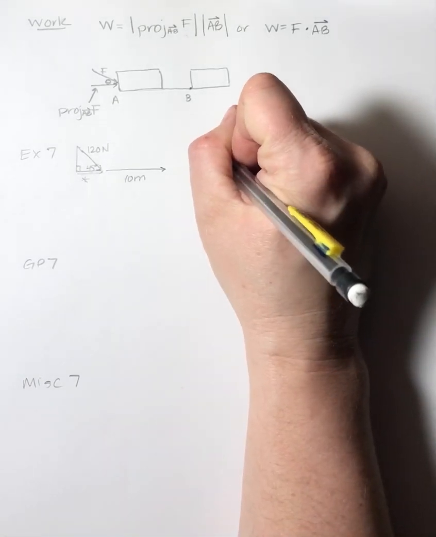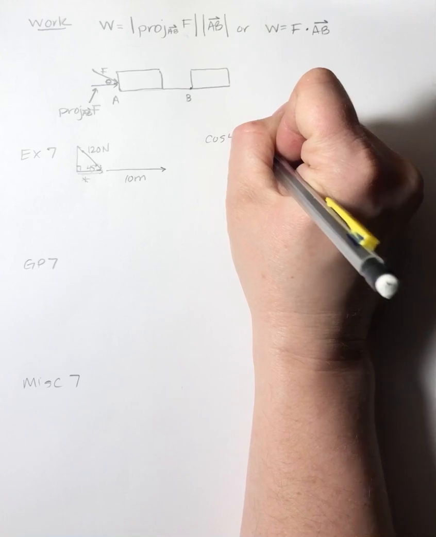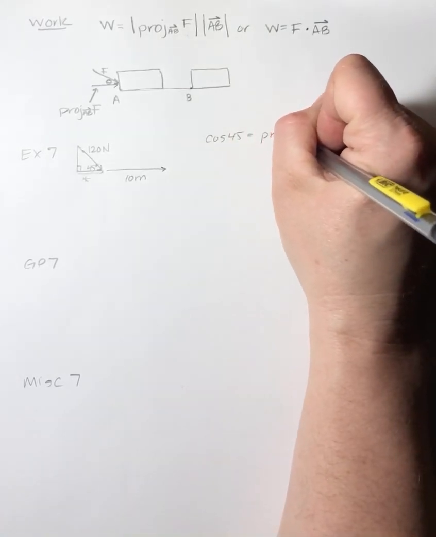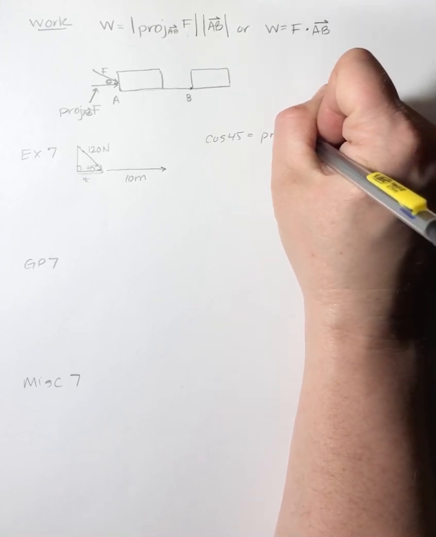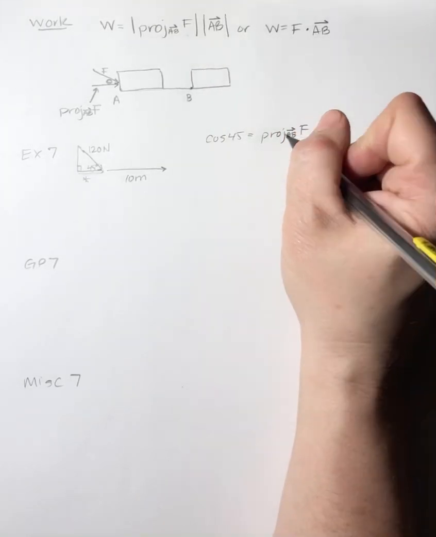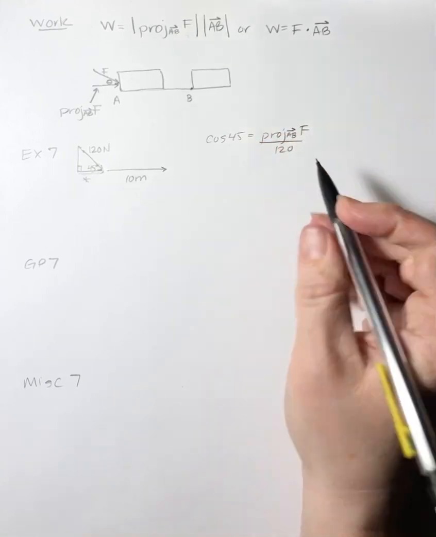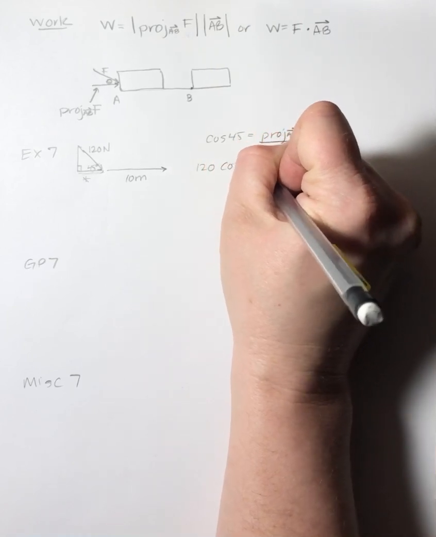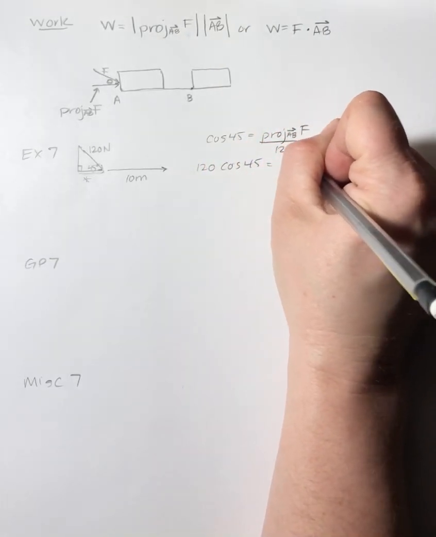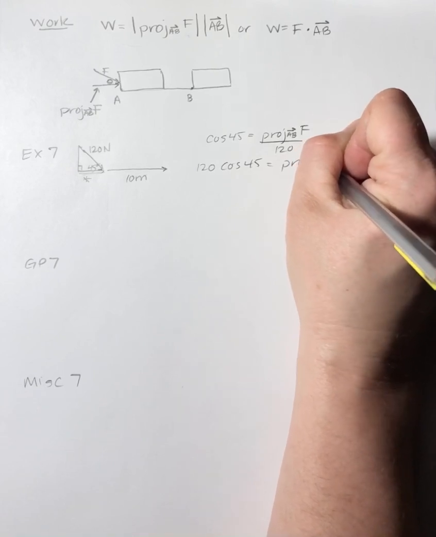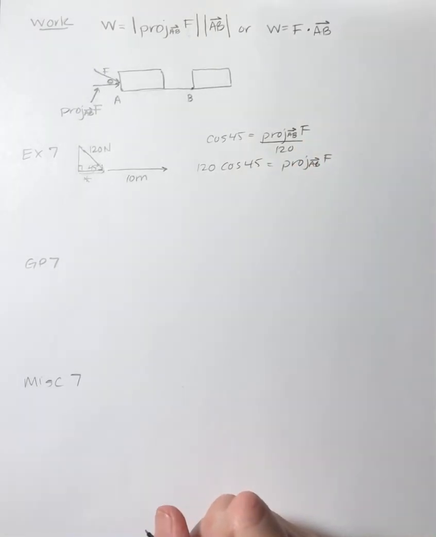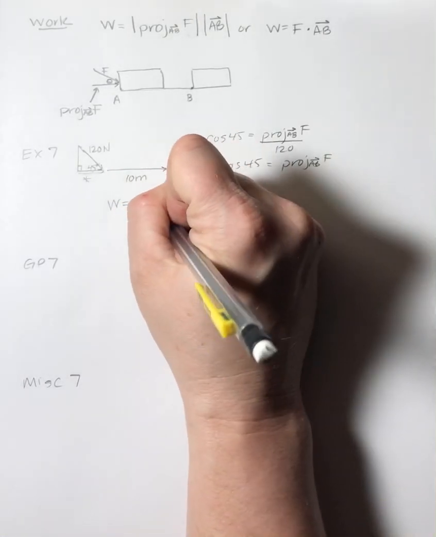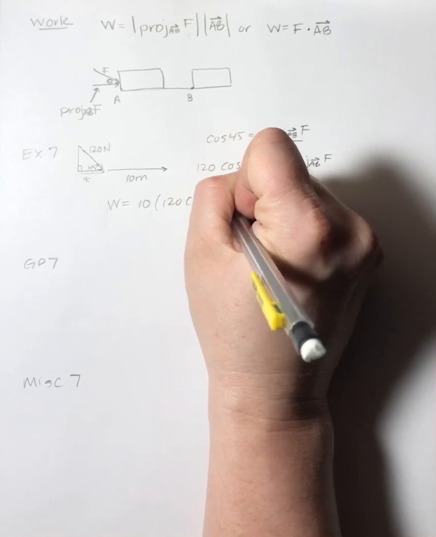So if I write that out, cosine of 45 equals the projection of F onto AB over 120. So then I can just multiply by 120. So then to find the work, I just multiply those two together. 10 times 120 cosine 45.